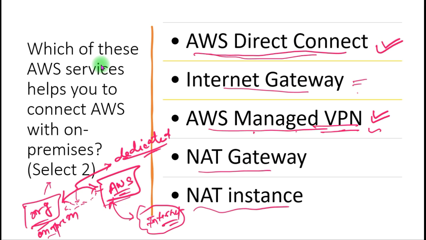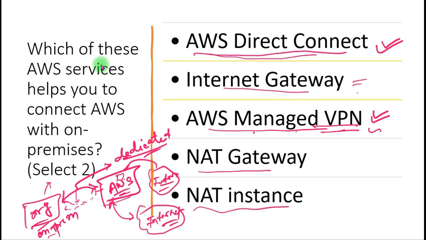Next is NAT Gateway. NAT Gateway is also used to connect our AWS resources through the internet, but suppose we have a virtual machine here and we want to connect through the internet only for downloading purposes, like patches and all. So it is a one way connection, and from the internet nobody can access these AWS resources.